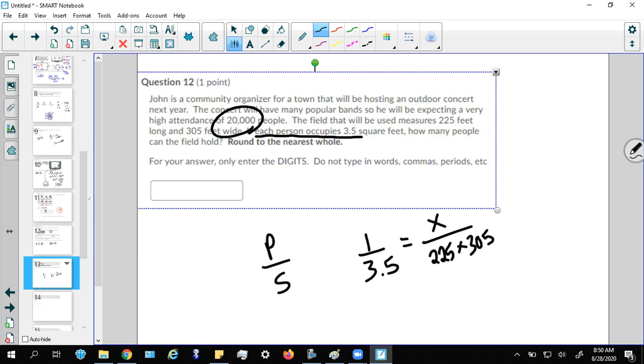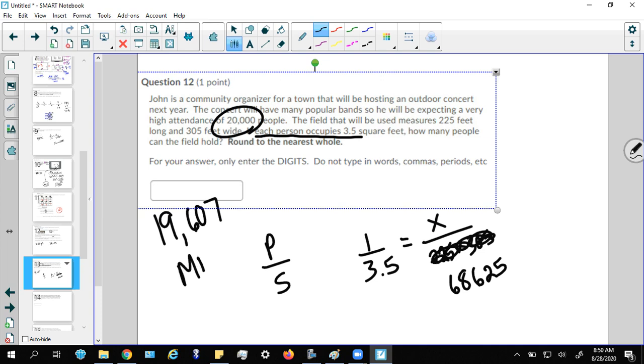I'm just going to convert 225 by 305 to an actual number, and I get 68,625. So I'm going to cross multiply, and when I do, I get X is equal to 19,607, rounded to the nearest whole.